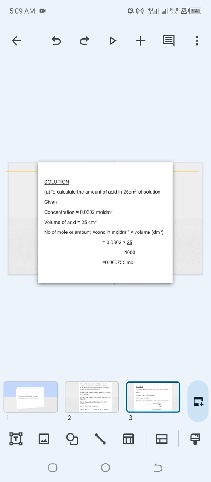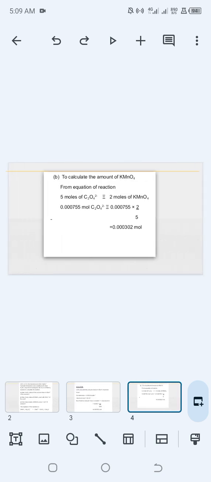The answer will give you 0.000755 moles. The unit must be in mole. When you see calculate the amount or the number of moles, your answer will be in mole.